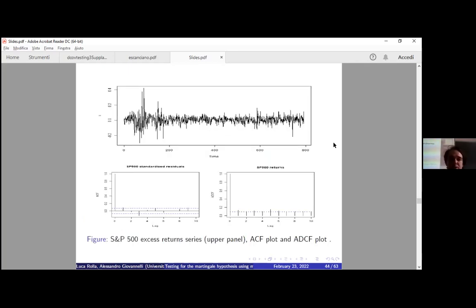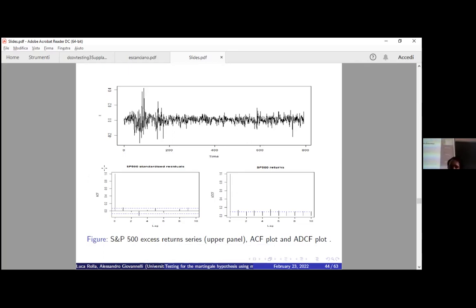Some empirical examples. This is the Standard & Poor's 500 excess return series. I've reported below the values of the autocorrelation function and of the auto-distance covariance function. As you can see, there's no linear serial dependence.